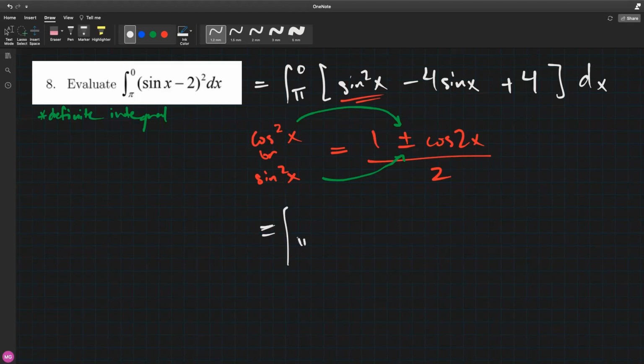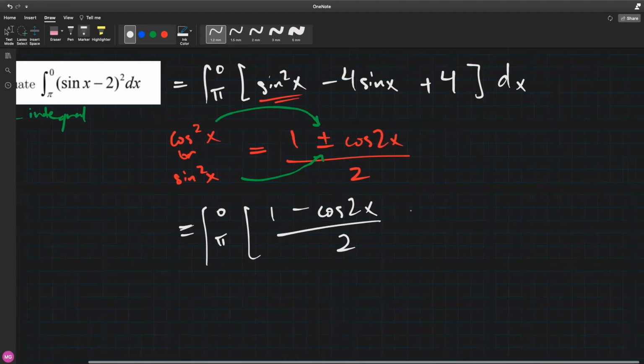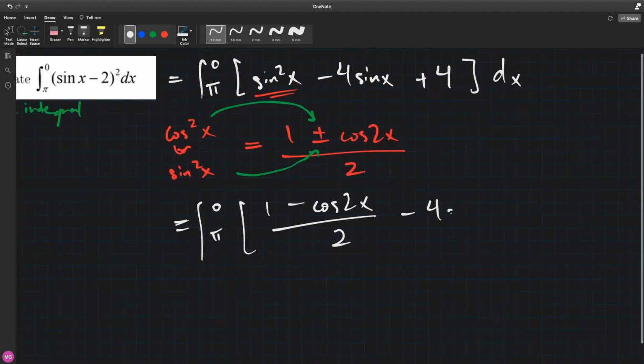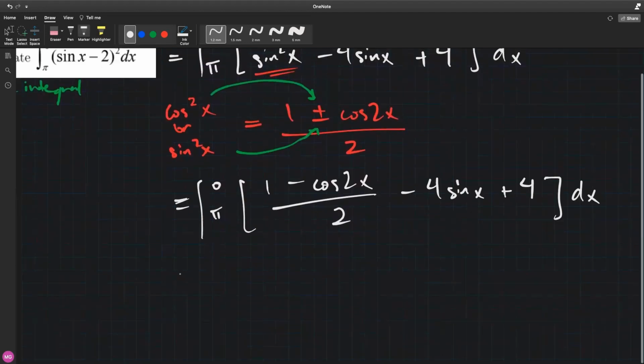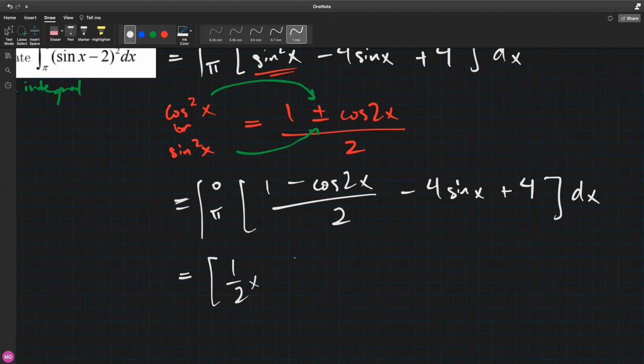That would be from pi to 0, 1 minus cosine 2x over 2. Let's just copy the rest here. Minus 4 sine x plus 4 dx, which is equal to pi to 0. We can actually start evaluating this at this point already. So this will just be evaluating the integral. That would be 1/2 x minus 1/2.